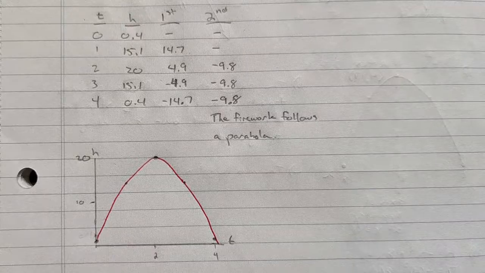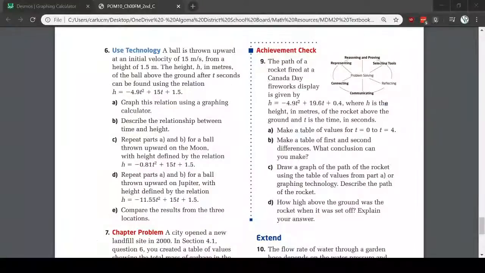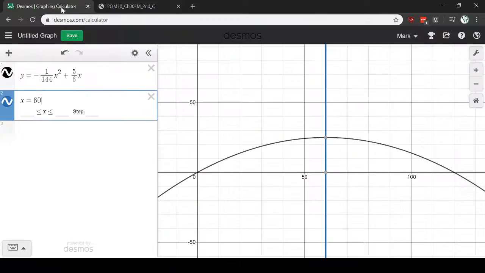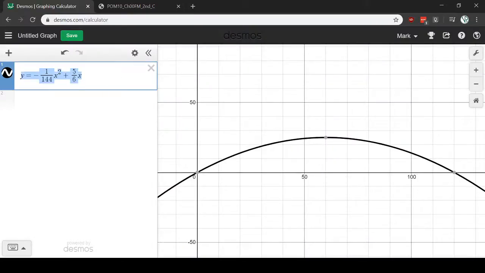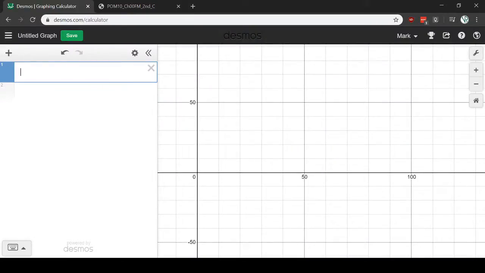Or we could use graphing technology, so we could just switch over here to Desmos, and you could just pop in that equation. Showing the screen. I'm showing the screen. Okay.